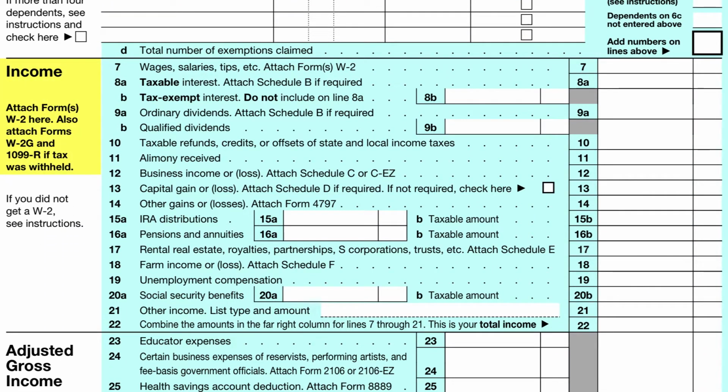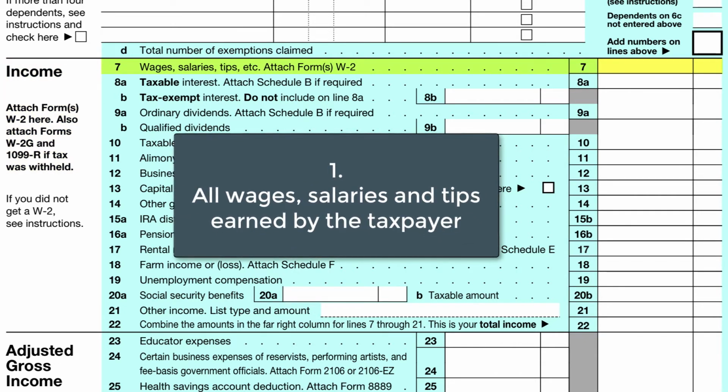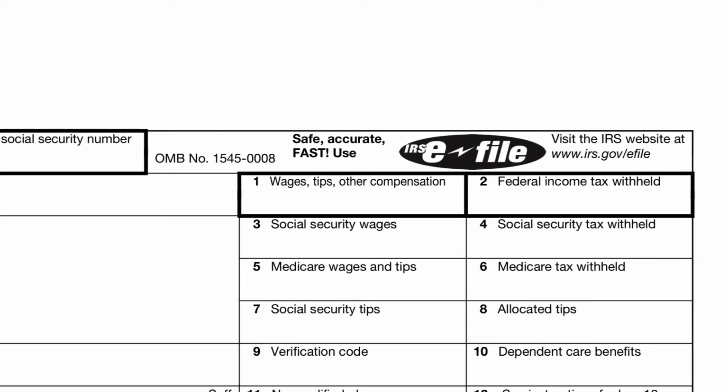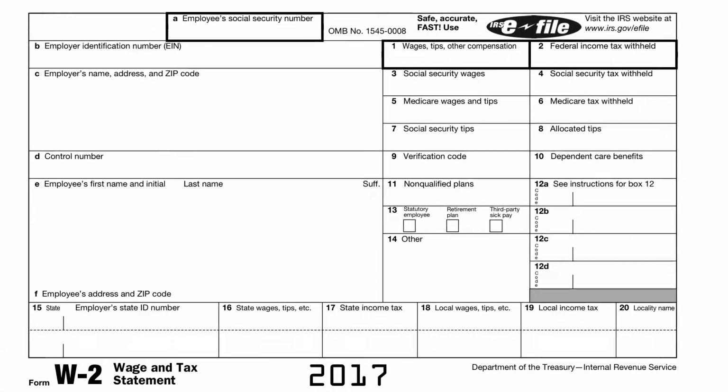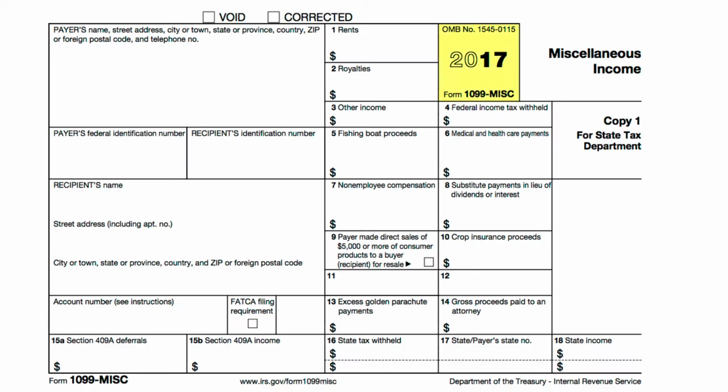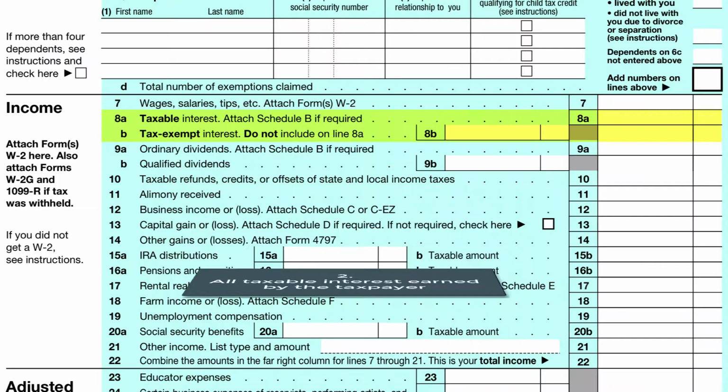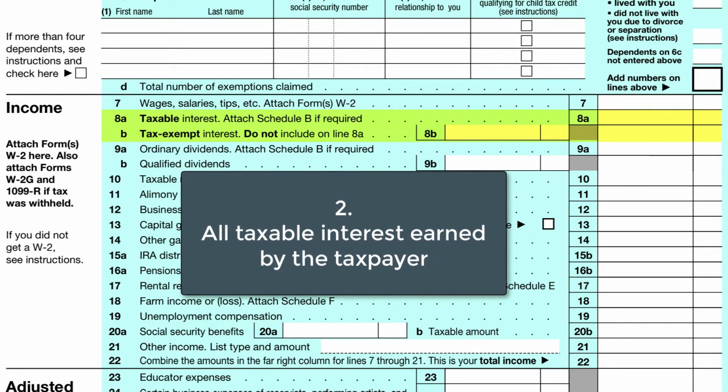Your taxable income includes all of the following. 1. All wages, salaries, and tips earned by the taxpayer. For full-time employees, these are reported to the employee and to the IRS by a Form W-2. All other types of compensation are reported in a Form 1099. 2. All taxable interest.